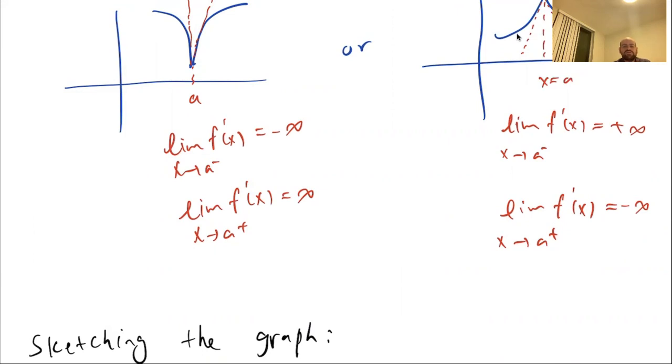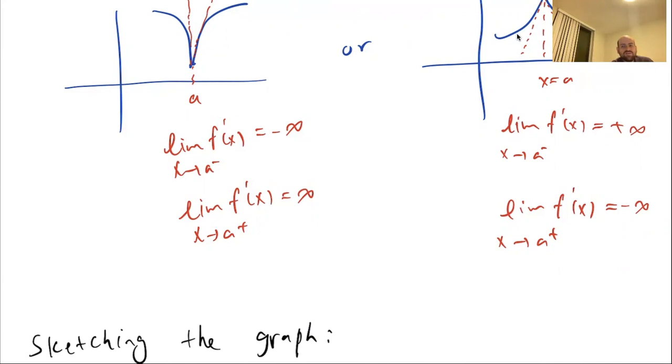Okay, so this is maybe one of the most important, or at least the trickiest point of today's lecture: the limit of f being infinity or minus infinity means a vertical asymptote. The limit of f prime being infinity or minus infinity doesn't mean a vertical asymptote.